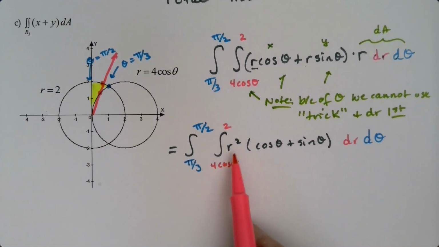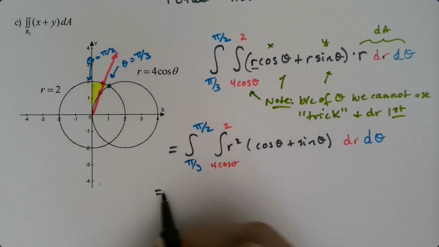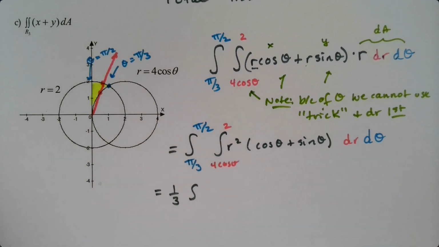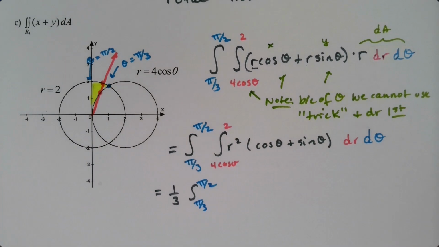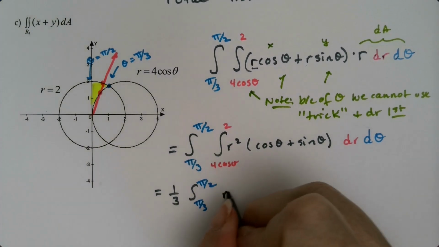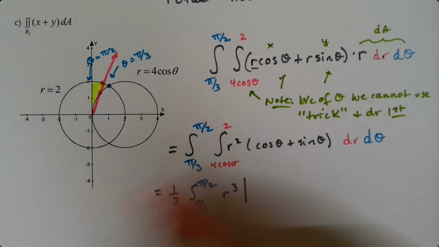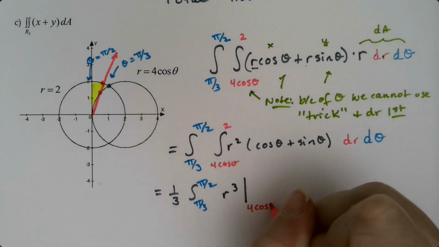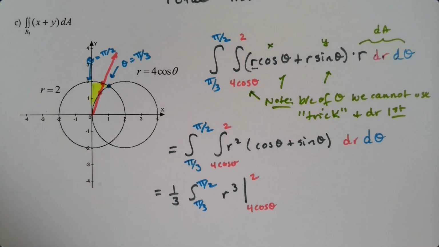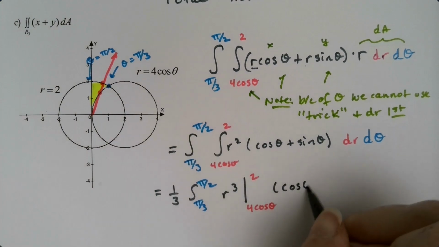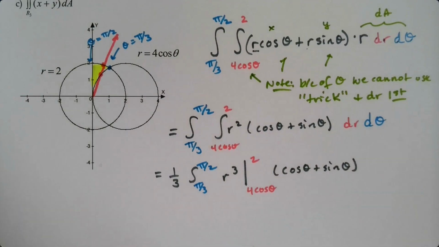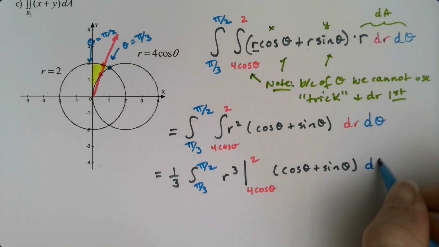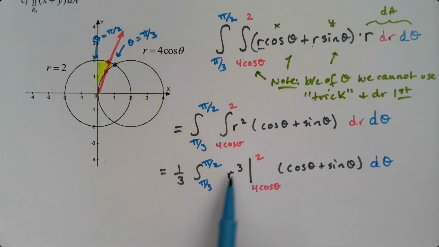All right, now I'm going to integrate this. So this will be 1/3 r cubed. I'm just going to write the 1/3 out in front. Pi over 3 to pi over 2, r cubed, r going from 4 cosine theta to 2. And then it's just multiplied by cosine theta plus sine theta, because that doesn't have any r in it. I'm not worried. d theta. So now I'm going to stick 2 into this, and that's 8.